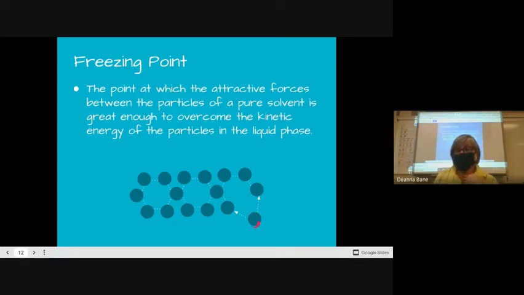So if we imagine this molecule right here still being in the liquid phase, it's still moving quite a bit faster than these particles are. So once it slows down enough, it will bond to the rest of the crystal and go from the liquid phase into the solid phase.